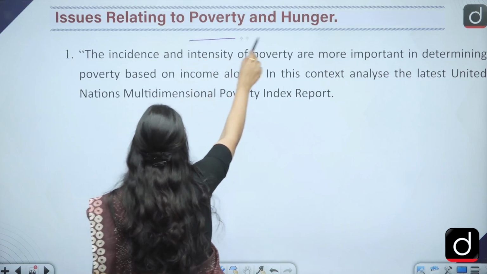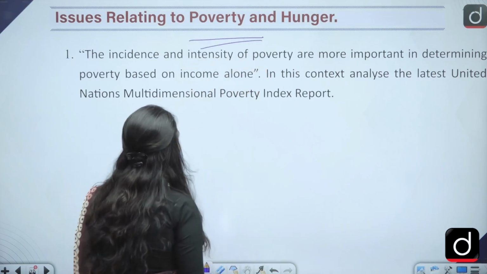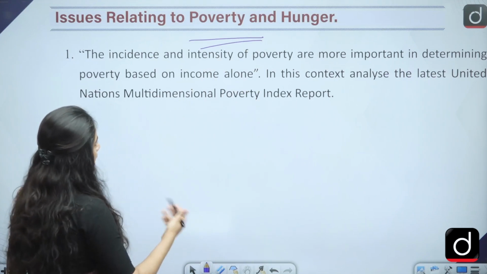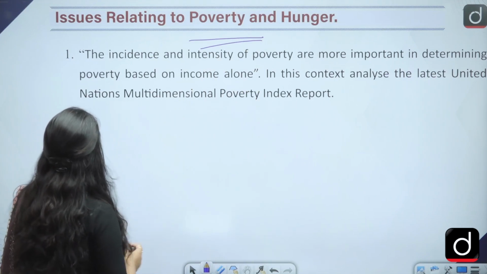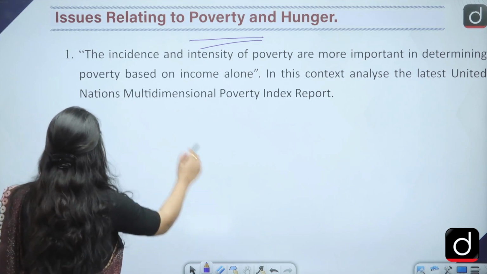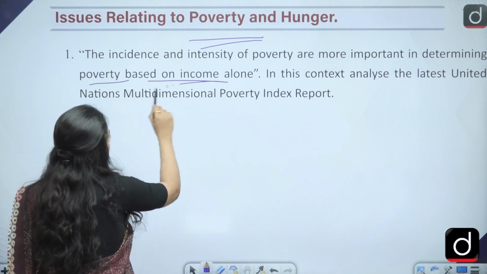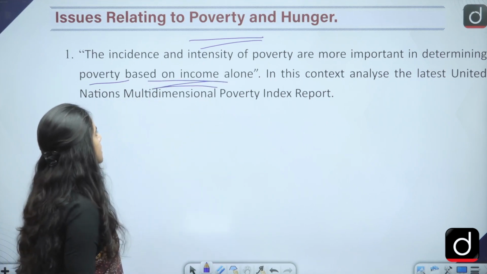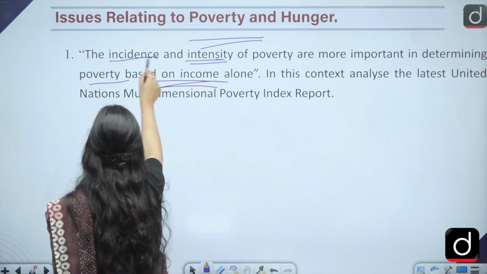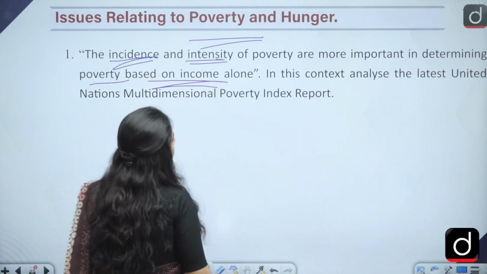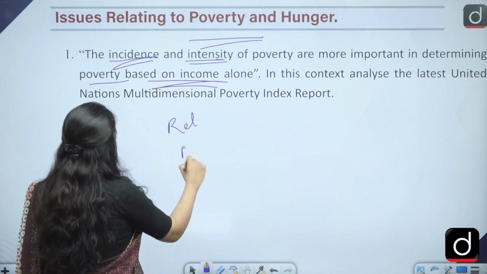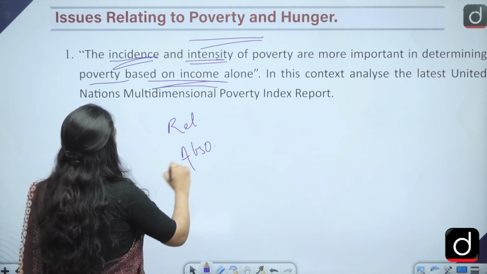Again, issues relating to poverty and hunger. Now, since this has been asked in GS paper 2, you would know that the question has that context. For instance, the incidence and intensity of poverty are more important in determining poverty than income alone. So it is asking you about the intensity and incidence. And since it is part of paper 2, it is actually talking about relative and absolute deprivation.